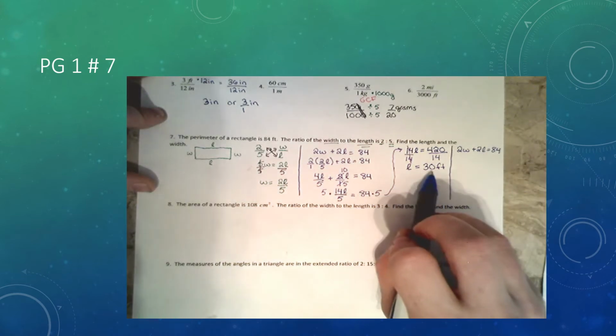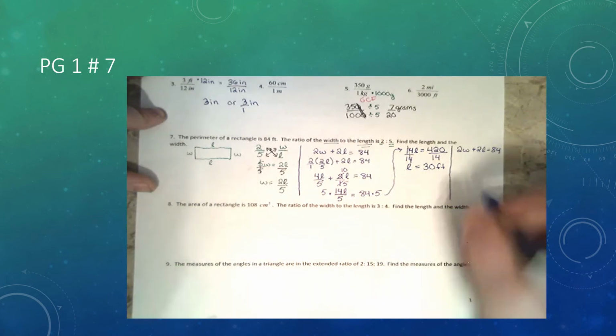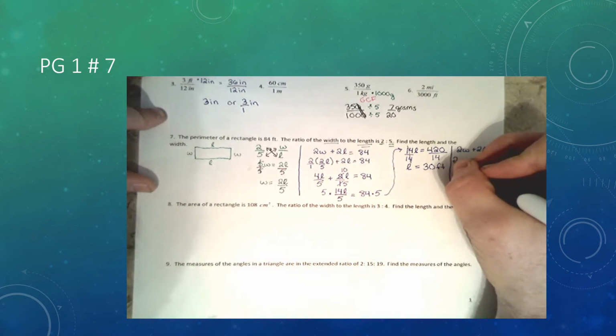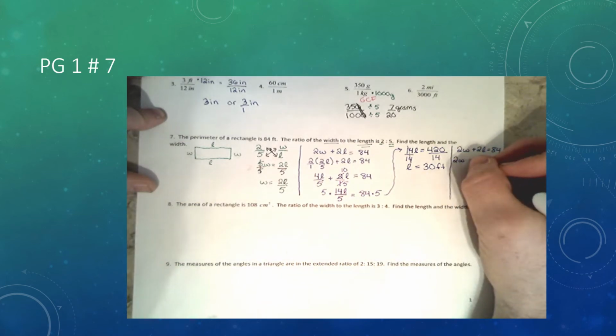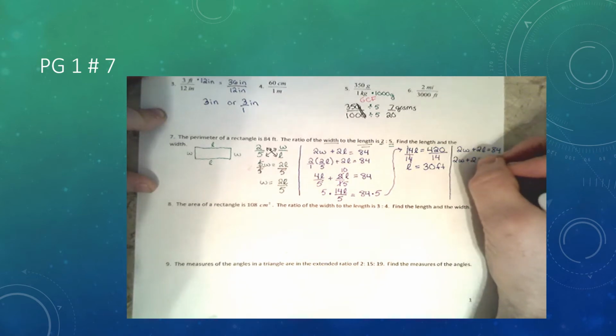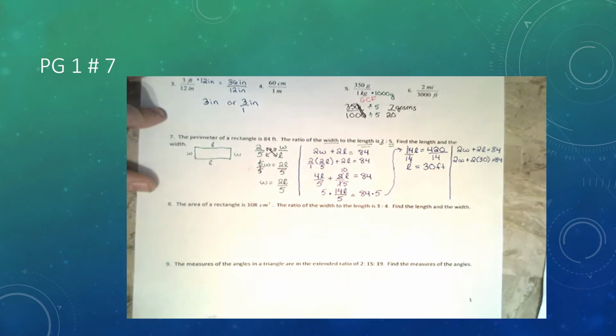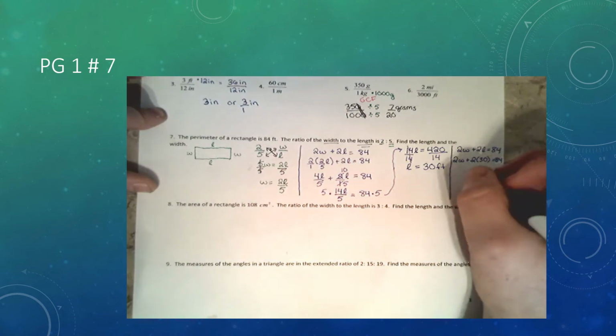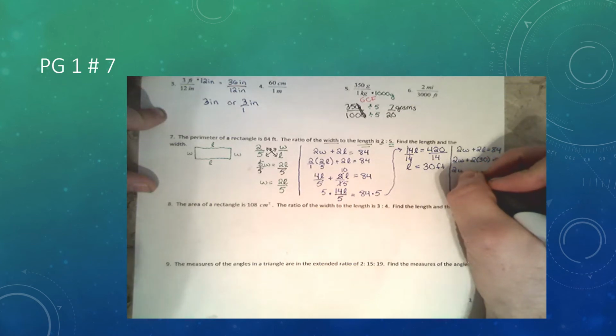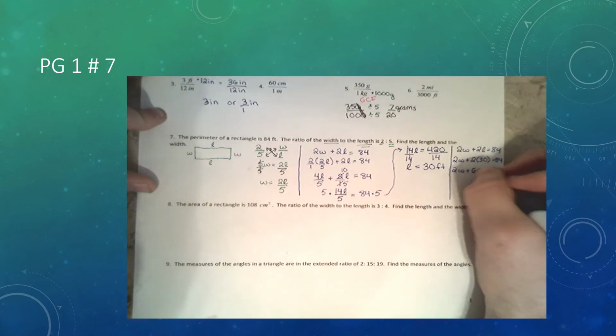Now we know what L is equal to. We know it's equal to 30. So now you have 2W plus 2 times 30 equals 84. 2 times 30 is 60. So you have 2W plus 60 equals 84.